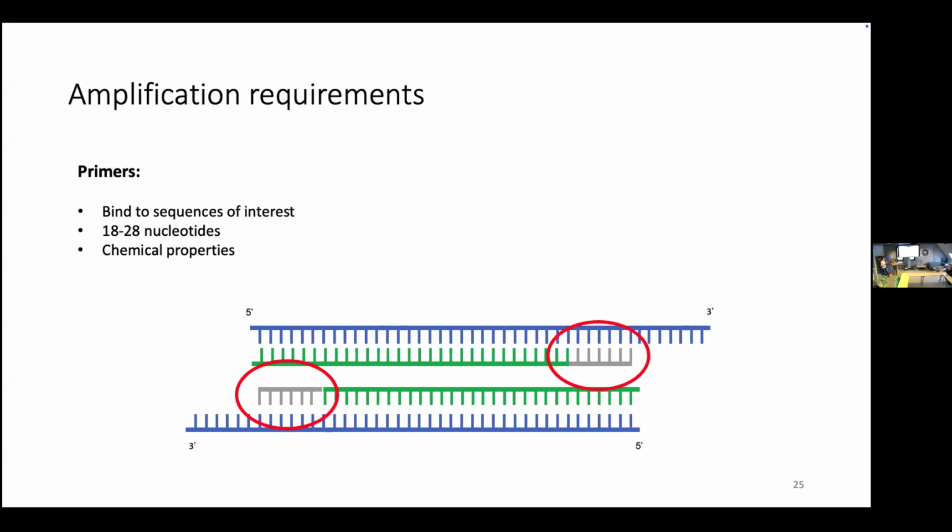And by doing this iteratively, you get many copies of your sequence. But we have requirements for these sequences. So the primer sequences, the gray ones, they must bind to the sequences that we're interested in. They should not be too long, so say between 18 and 28 nucleotides. And they need to satisfy a bunch of chemical properties like melting temperature, well, many things that I won't go into now.